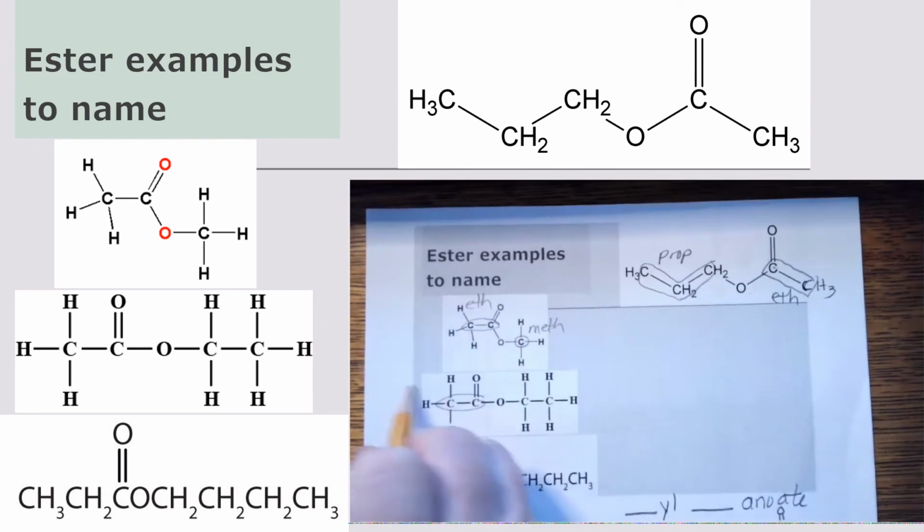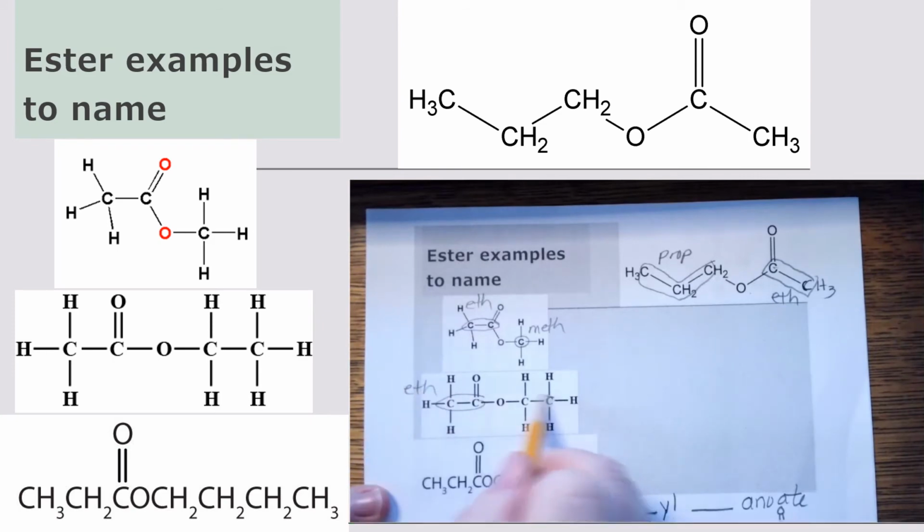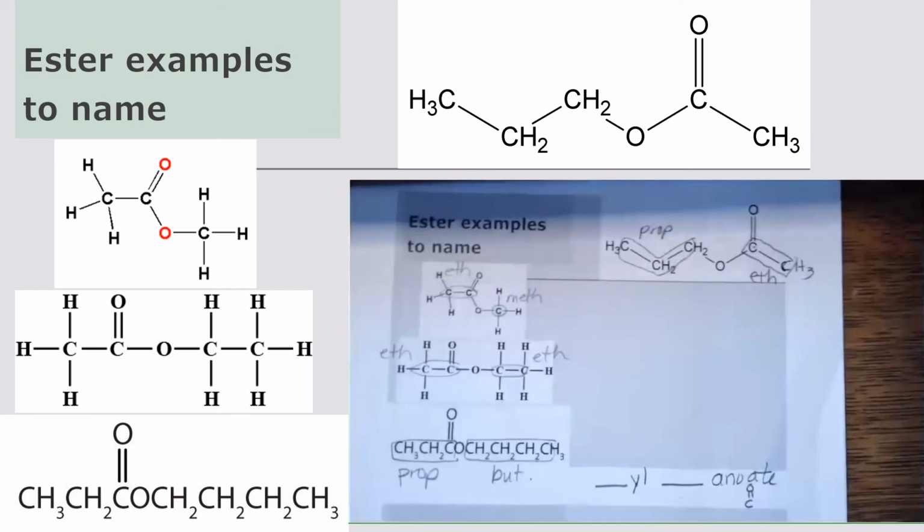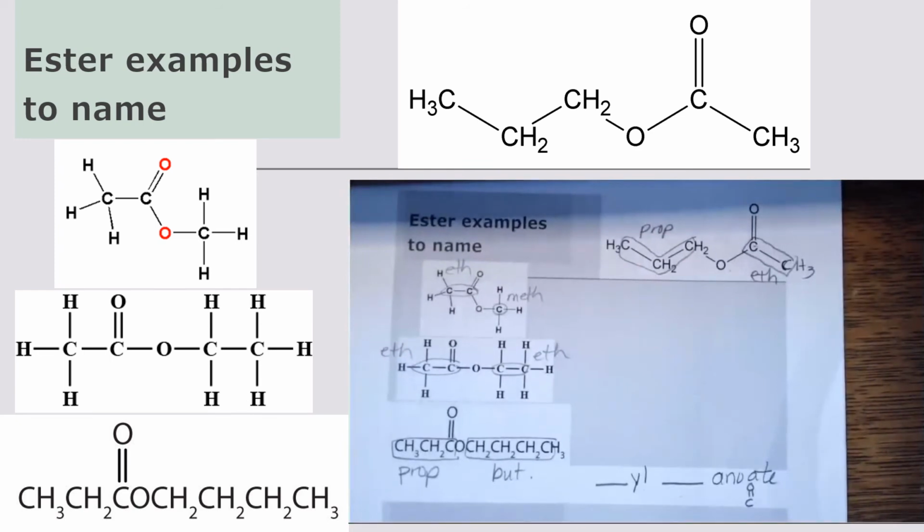Chain of 2, eth, chain of 2, eth. Chain of 3, prop, 1, 2, 3, 4, a chain of 4, but. Okay, so now that we have this, we can piece these together, easy peasy.